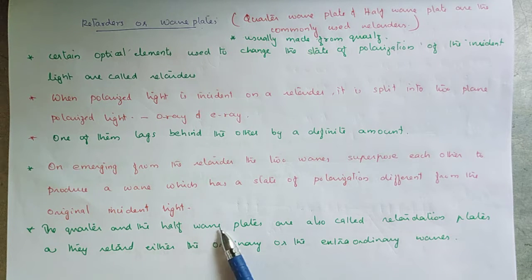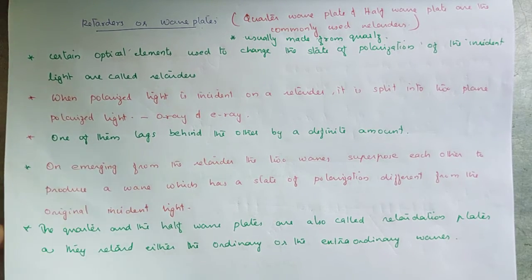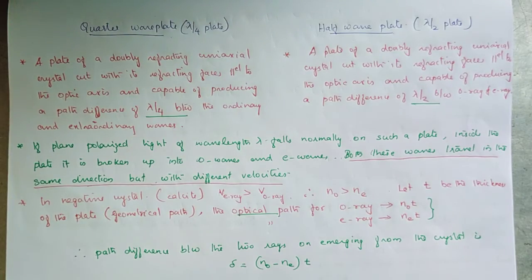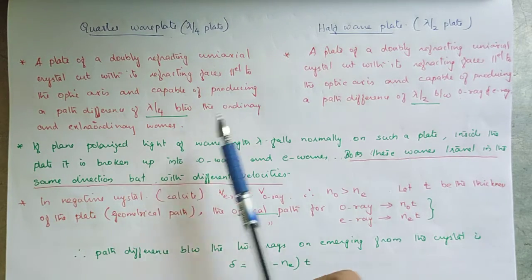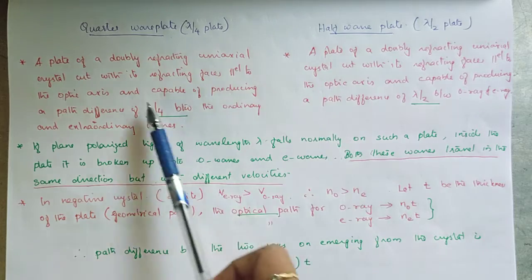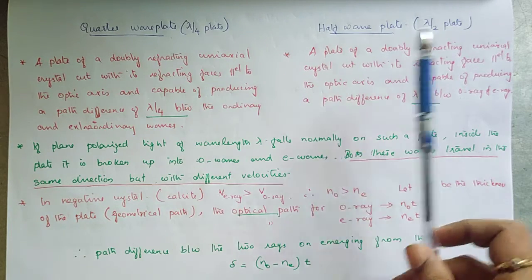Quarter wave plate and half wave plate are also called retardation plates, as they retard either the ordinary ray or the extraordinary wave. Now we are going to see the difference between the quarter wave plate and half wave plate.